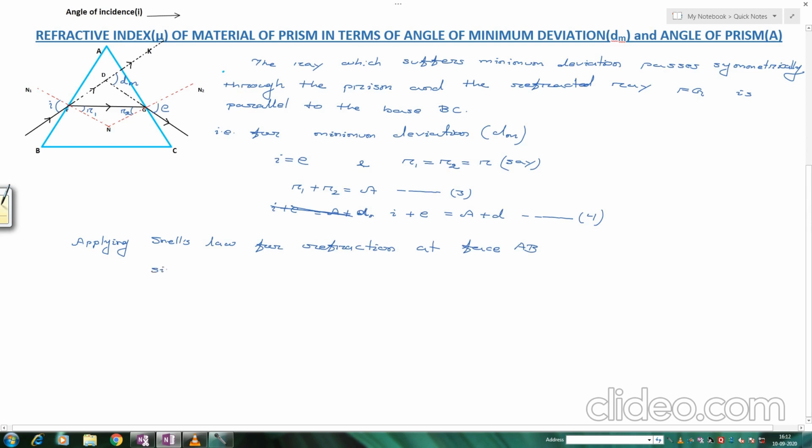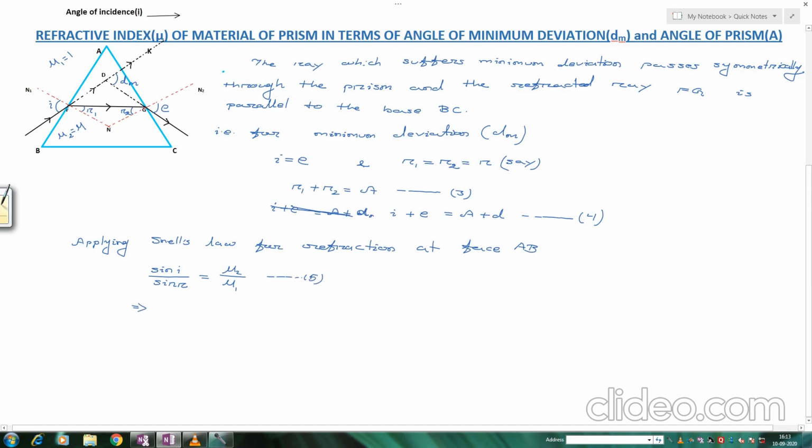We know that sin I divided by sin R is equal to mu2 divided by mu1. Here we are taking the face AB. So for this the outer medium, mu1, is the air medium whose refractive index is 1, and the material of prism has the refractive index mu2. Here mu2 is written as mu. This is equation number 5.